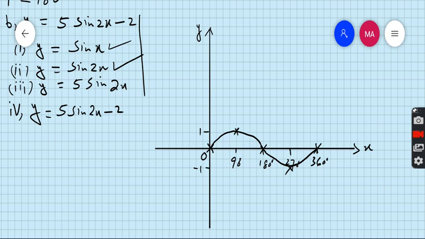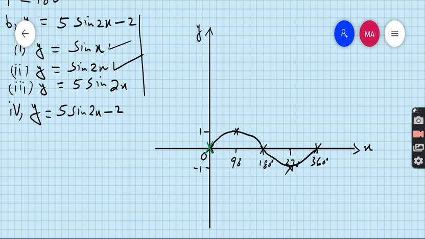So first, at 0, the first point is the same, because sine of 2 into 0 is sine 0, and sine 0 is 0. The second one is 90. If you put 90, you will get 90 into 2, which is 180.